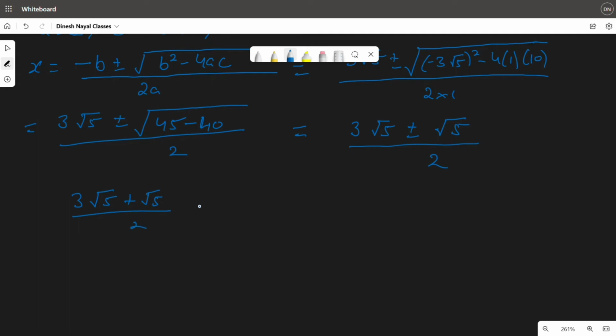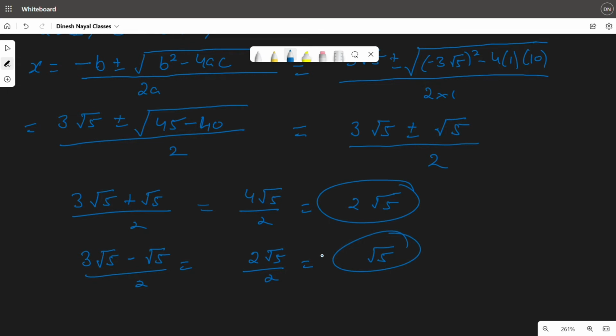Now 3 root 5 plus root 5 will be 4 root 5, 4 root 5 by 2, which equals 2 root 5. Similarly, 3 root 5 minus root 5 by 2 equals 2 root 5 by 2, which equals root 5. So hence these are the two solutions. 2 root 5 and root 5 are the roots of the given equation.